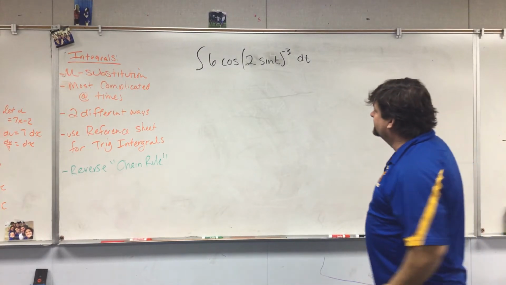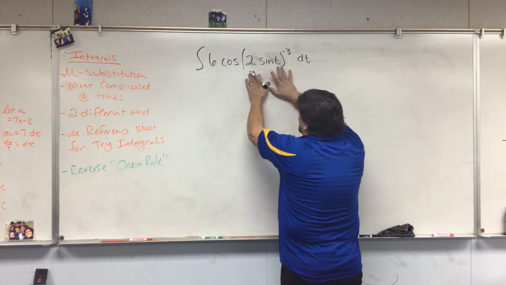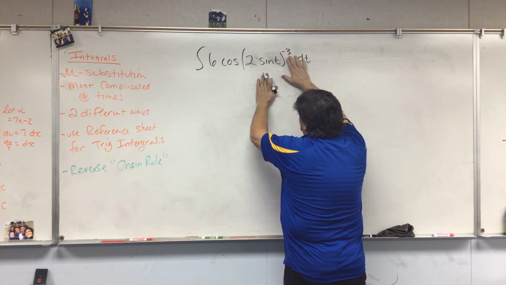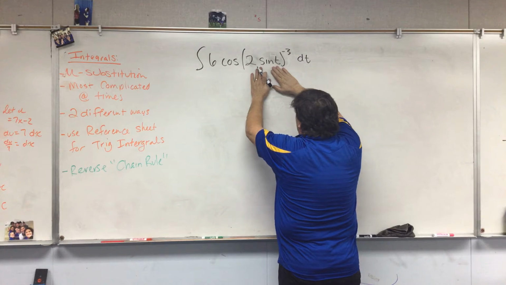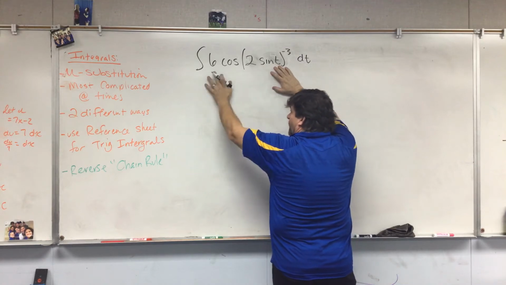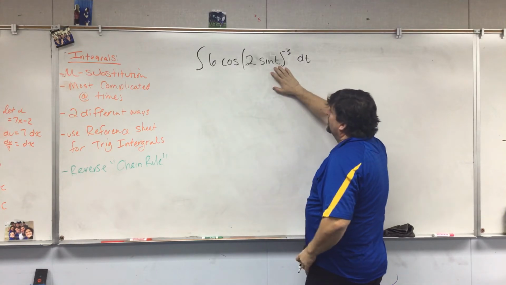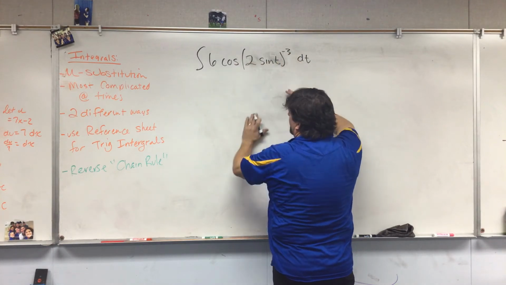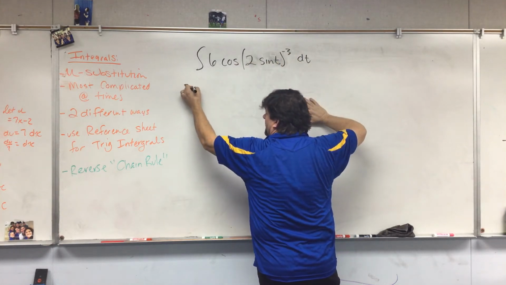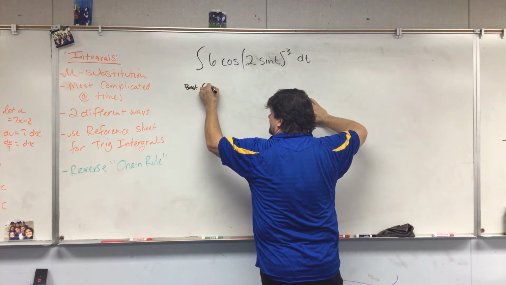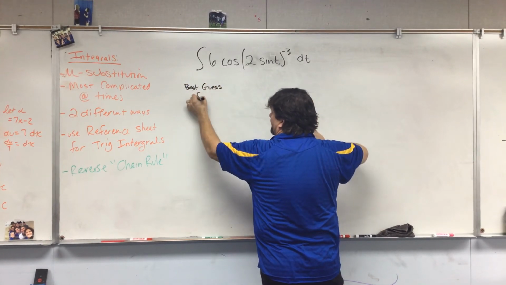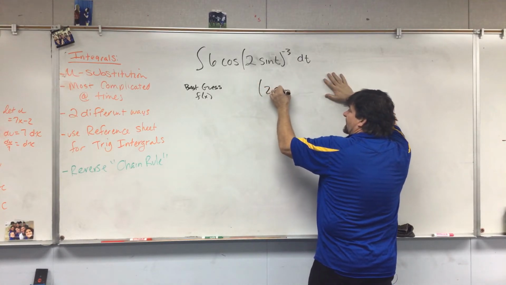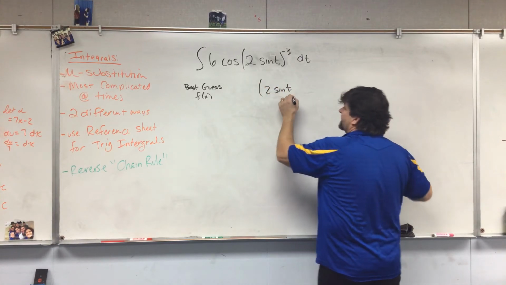All right, so this one here, look. If we're looking at this, you've got this parentheses piece here. It's more complicated than this one. It's got a negative 3 there, so somehow I got to this point by taking the derivative of this piece. So our best guess again for f of x is the fact that I have this parentheses, 2 sine t.